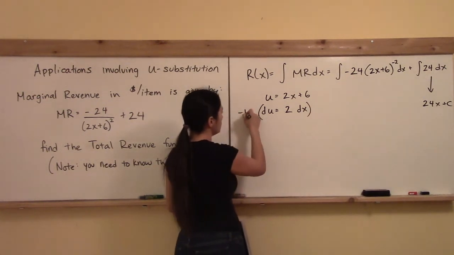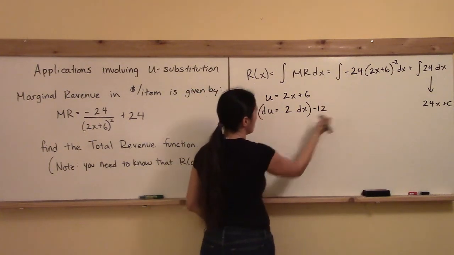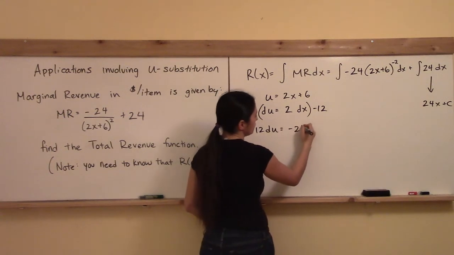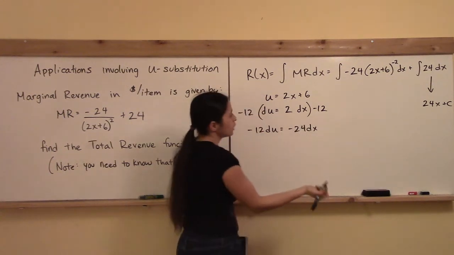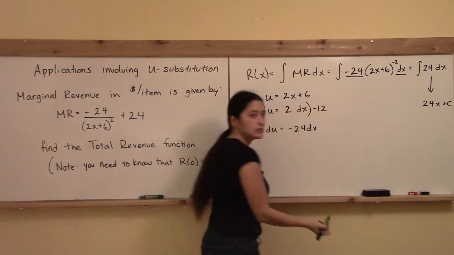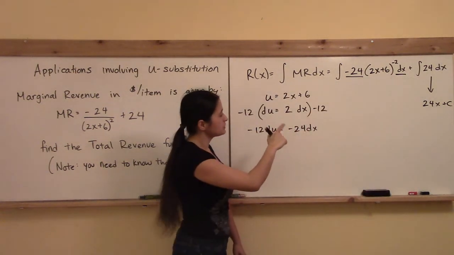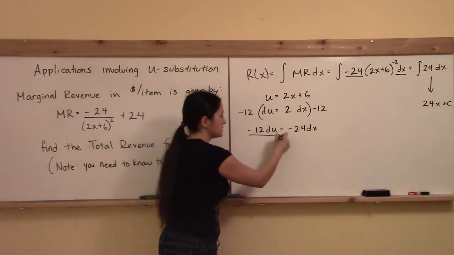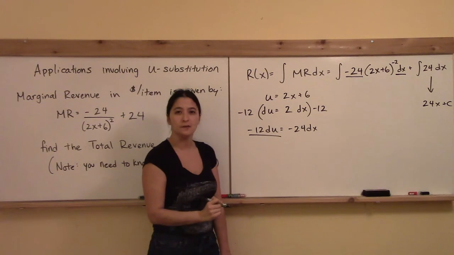Probably minus 12 on both sides, right? Minus 12 would do that. So if I times by minus 12, I get minus 12 du equals minus 24 dx. Alright, that works out pretty good because I have minus 24 dx right there. And that underlined stuff is the stuff that I'm going to replace with whatever's on this side. So I'm going to replace that with minus 12 du.